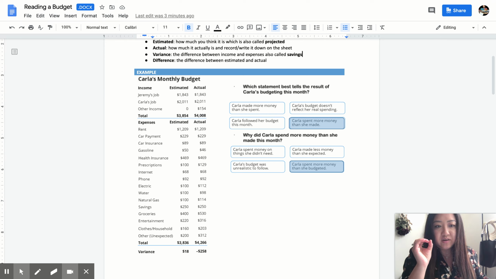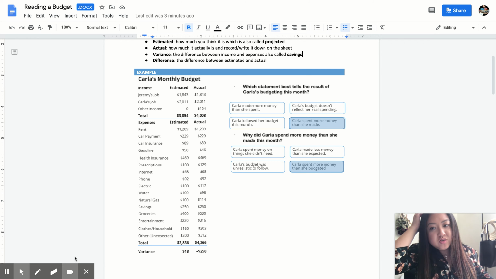Let's say she randomly sold, I don't know, something. She sold a necklace for $154. Well, then that's an extra income. So we know that the difference is that she got it, so it would be a positive $154. So that's what we should consider.